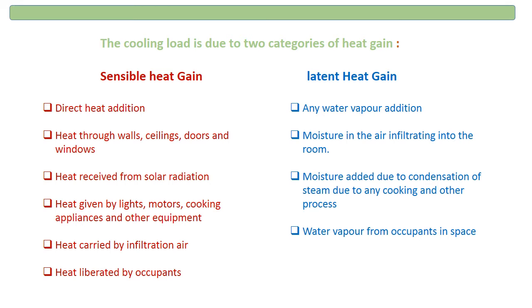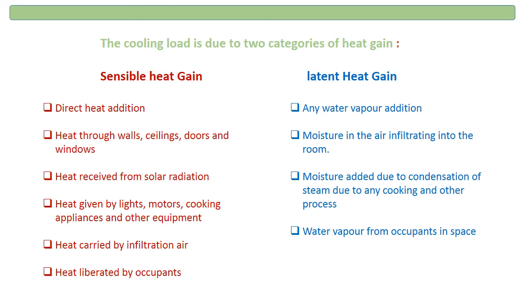So that water vapor needs to be removed. That comes under latent heat gain. Also, if any human beings are there, that is, occupants in the space, then through sweat they will also be releasing water vapors to the air. That also needs to be removed. So these come under latent heat gain.